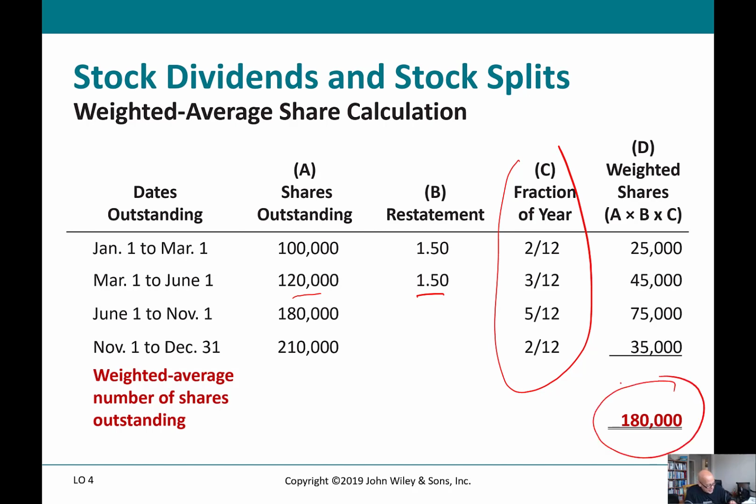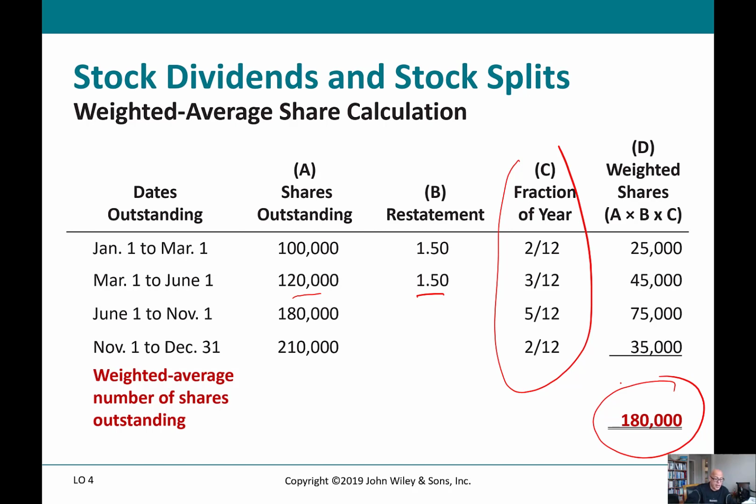So, important takeaway from this example, you've got to apply stock dividend and stock split to the beginning of the period as though it had already occurred, right? Okay, good. So now we've got our weighted average shares calculation. We will use those weighted average shares in calculating my primary.